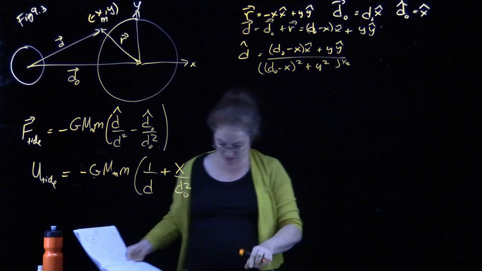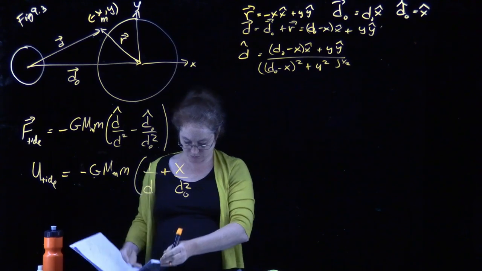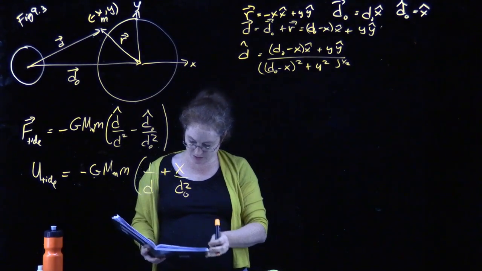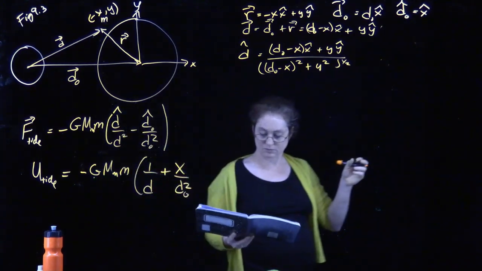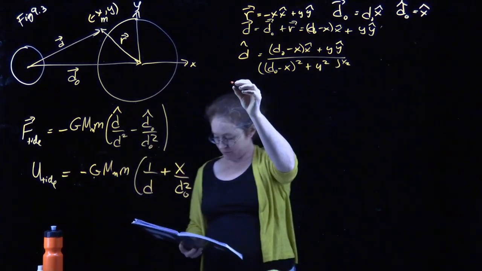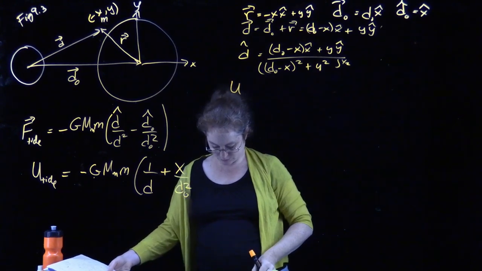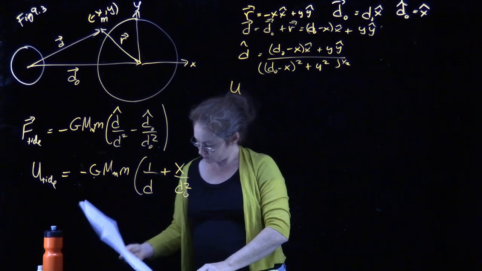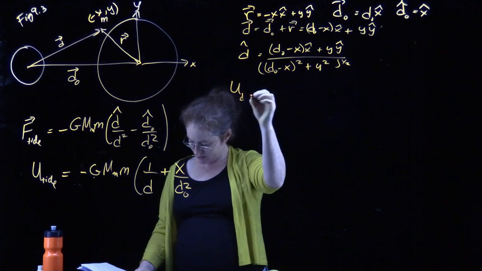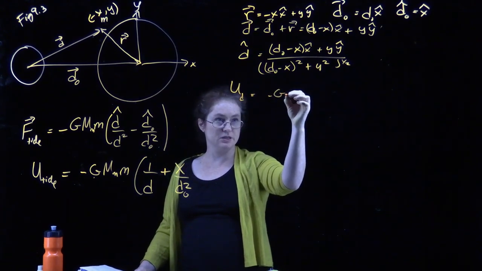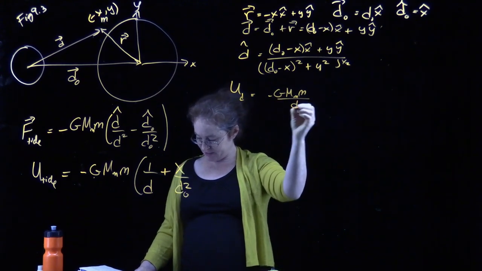And then we can write the potential u sub d is negative GMm over d.